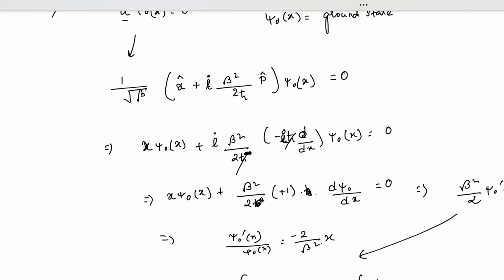So let me write down here: question number 5, the correlation function f(t) is equal to the ground state 0, x(t), a position operator time evolved to t, then x at time 0, and then 0.